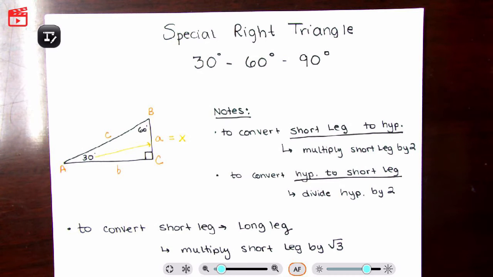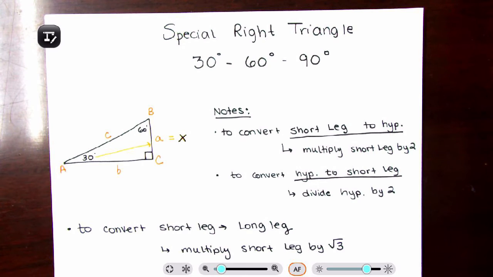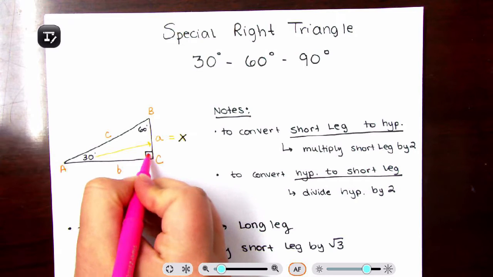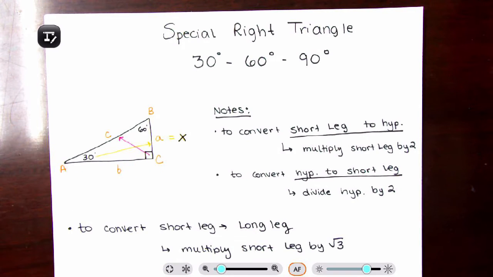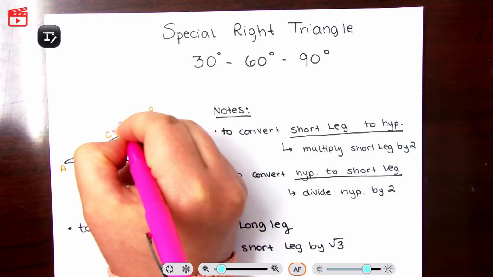The opposite from your C, 90 degrees, which is your hypotenuse, is the largest angle and the largest side. So that's going to be your hypotenuse, and that's equal to 2x.